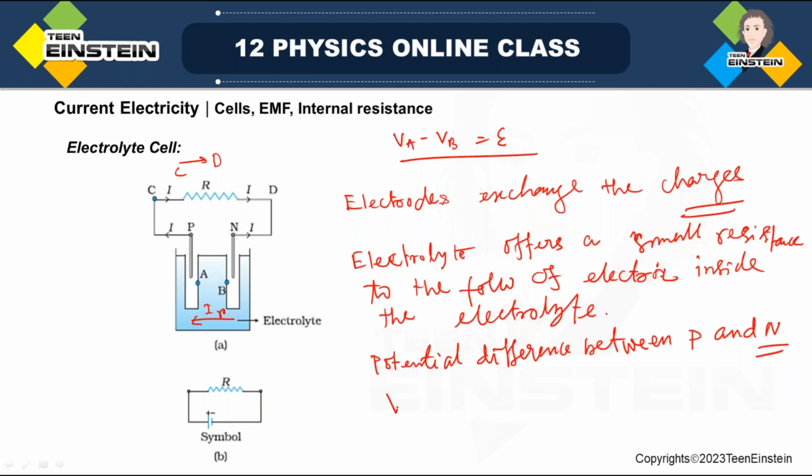In the closed circuit condition, V is equal to I into R. Since the current inside is in the opposite direction, the effective potential across the electrodes will be E minus I into small r.